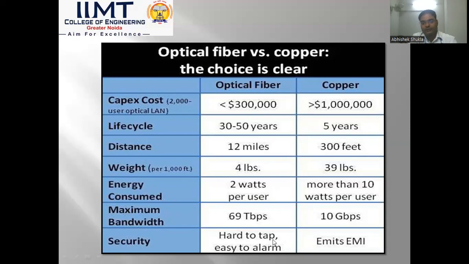For security purposes, it is hard to clear this information in any way. Copper emits EMI, so it requires very lossless transmission, whereas for optical fiber it is very hard to detect. So we can get from this table that optical fiber is much better than copper wire.